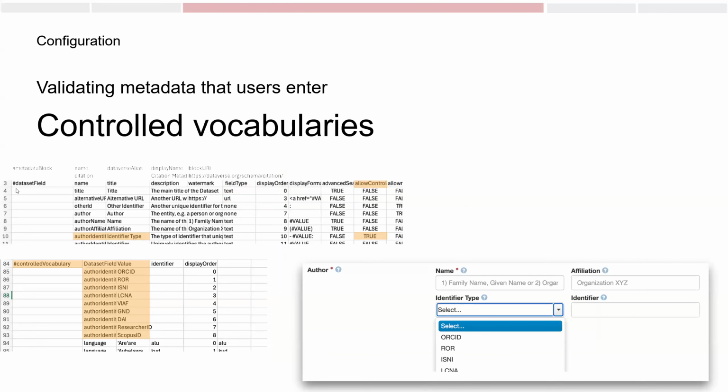In that dataset field, the second section of the metadata block, in the author identifier row, we have true for allow control vocabularies. So that in the third section, in that control vocabulary section, we could define what the values for that control vocabulary will be for the terms that users see.